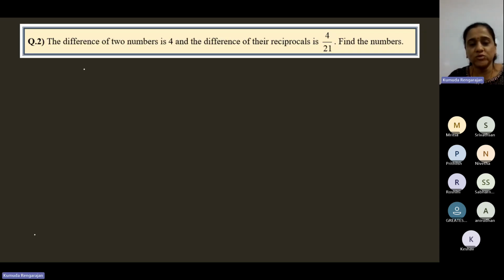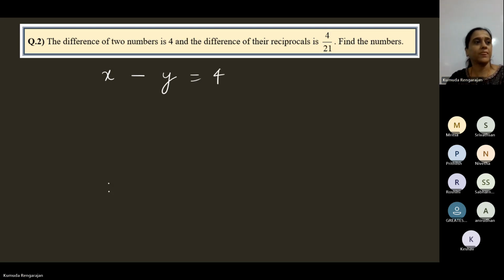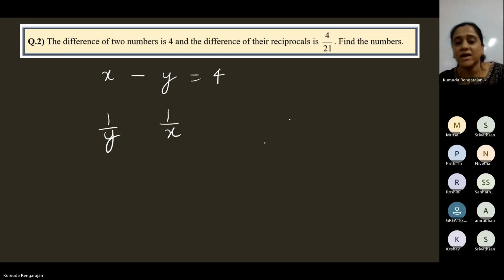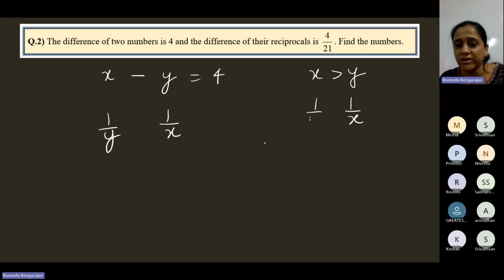Okay, so the difference of two numbers is 4. If x is the greater number and y is the smaller number, the difference of the two numbers is 4. And the difference of the reciprocals: x is greater than y, the reciprocal of x is 1 by x, the reciprocal of y is 1 by y.